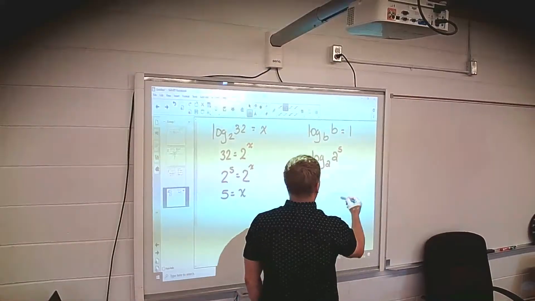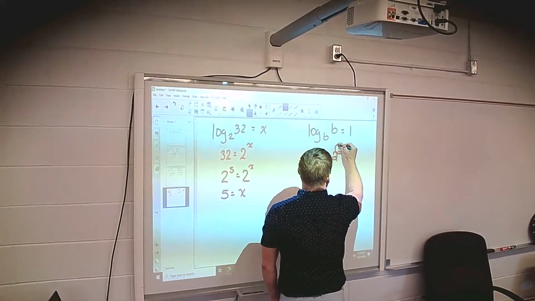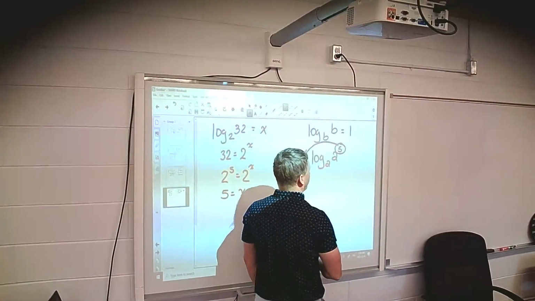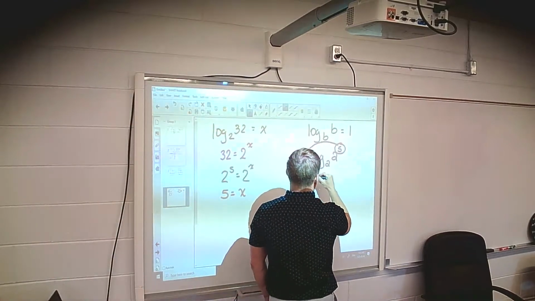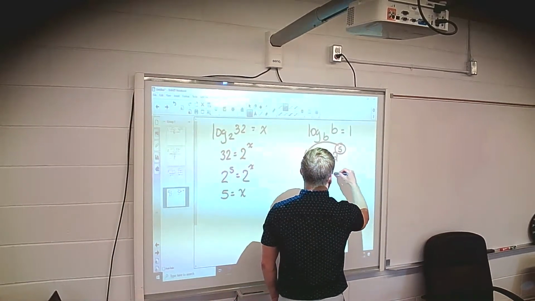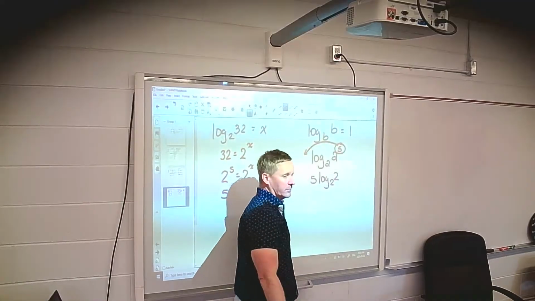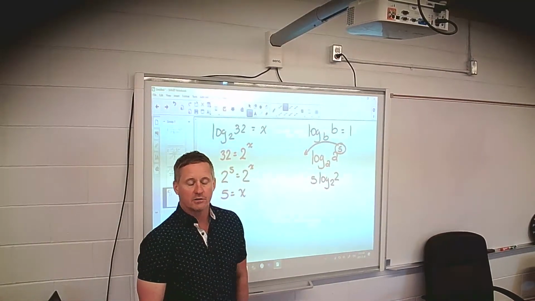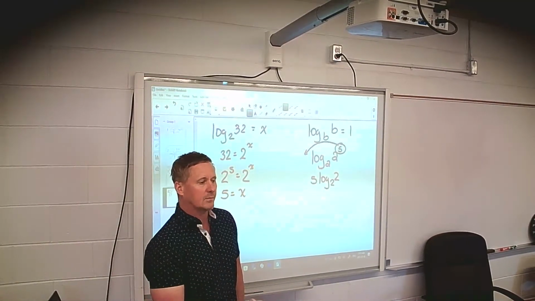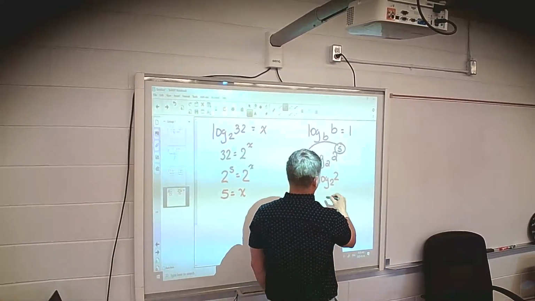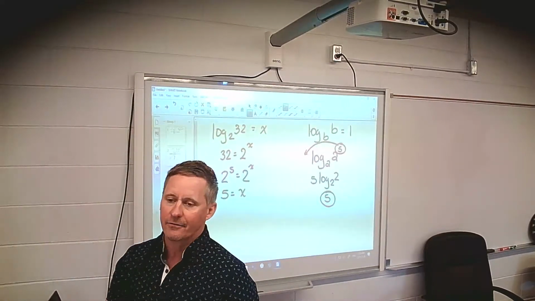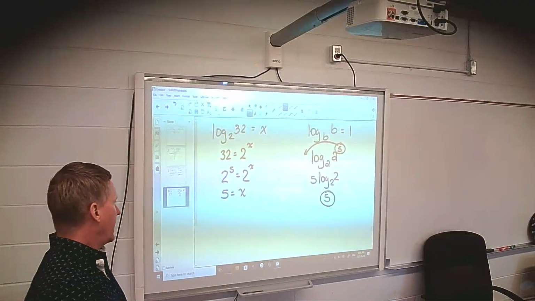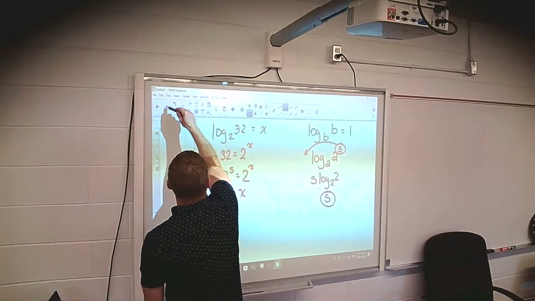The second rule that we don't know about yet is the exponent will move to the front. That means this is actually 5 log 2 to the base 2, and if the log of 2 to the base 2 is equal to 1, 1 times 5 is 5. So this is a secondary way in which we're going to solve that question after the fact. Today, this is the way that I want you to look at that question.